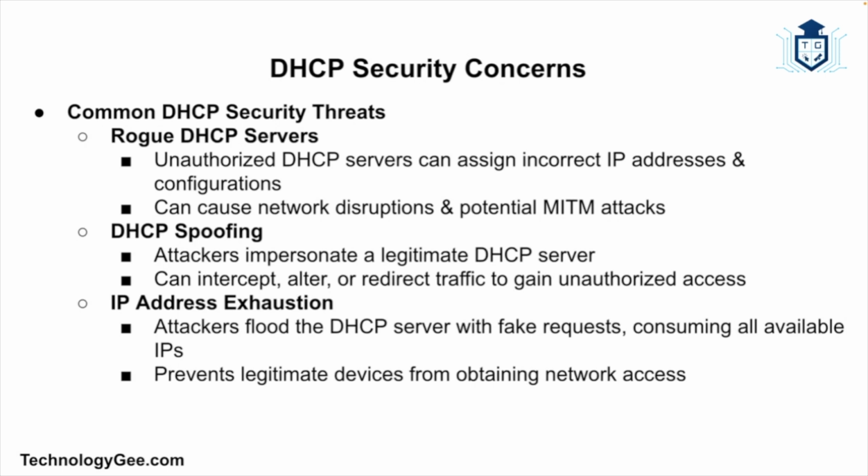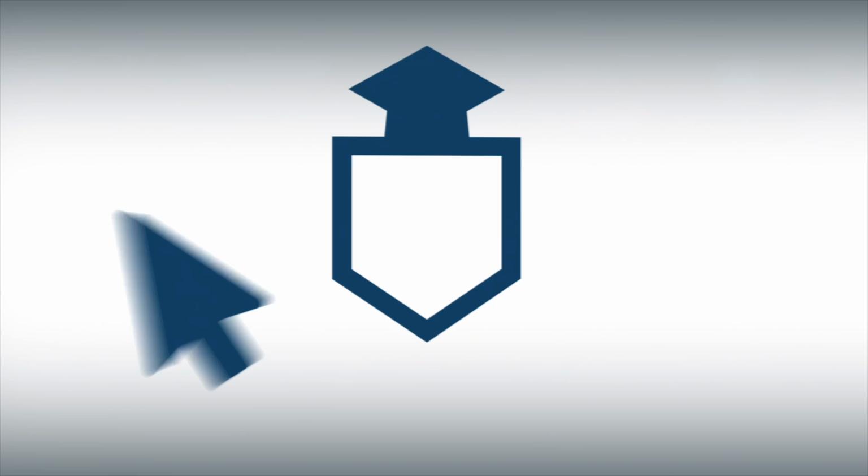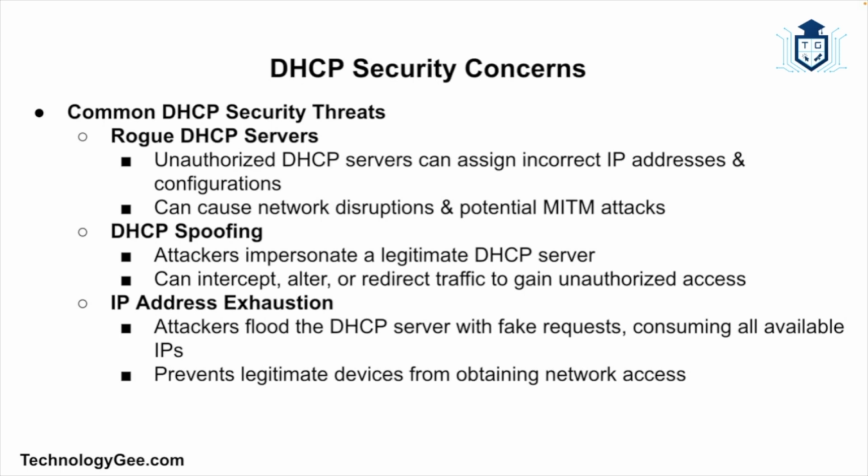All right, so let's move on and talk about DHCP security concerns. Given the importance of DHCP in network management, securing the protocol is crucial to maintaining network integrity and availability. Some common DHCP security concerns include the following. You have rogue DHCP servers, which are unauthorized DHCP servers that can be introduced into the network, providing incorrect IP addresses and configuration parameters to clients, which can lead to network disruptions.